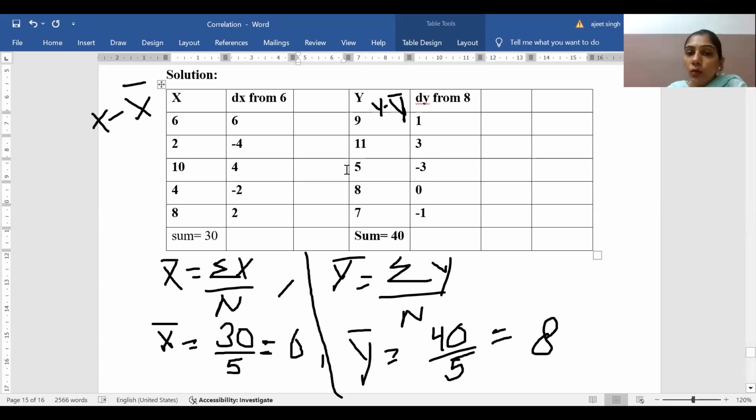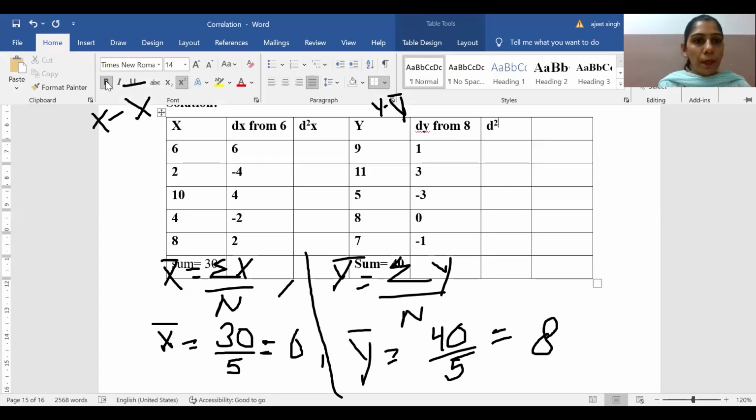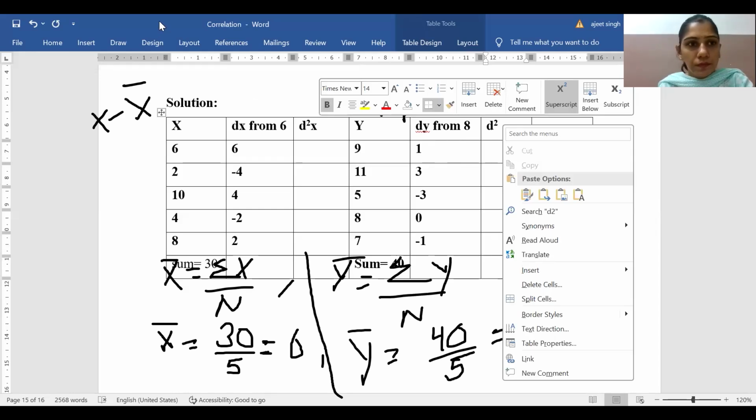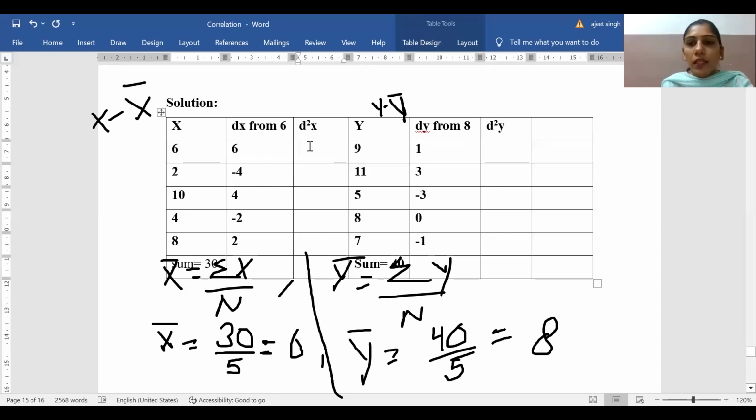Now we have to calculate d square x. Okay, so let's square the dx.